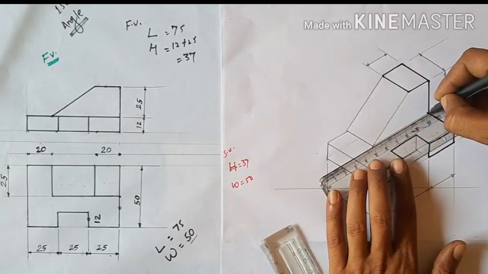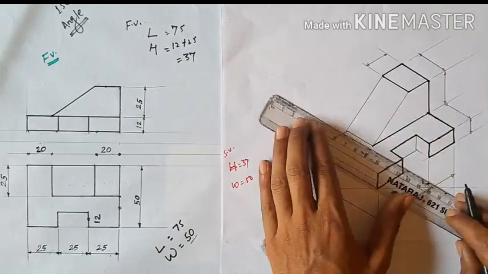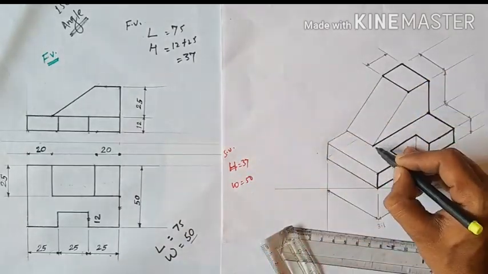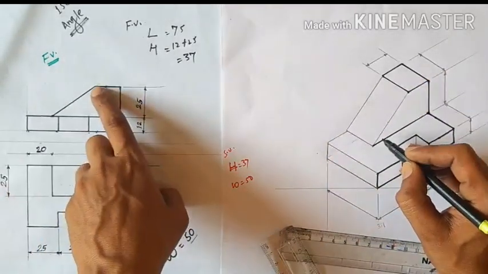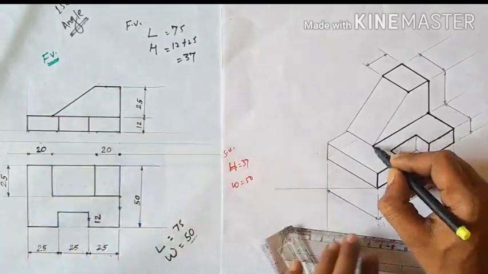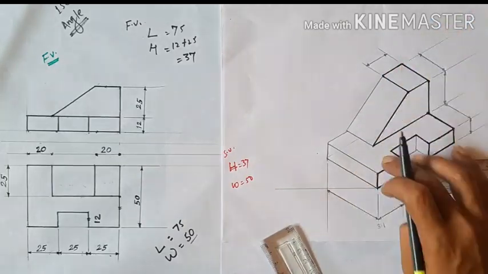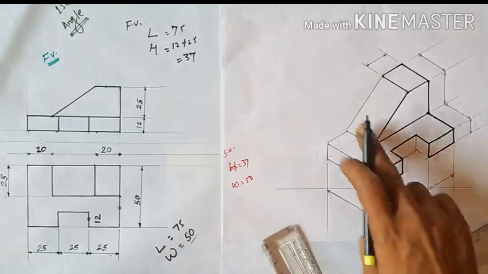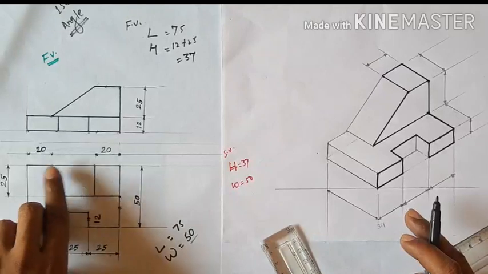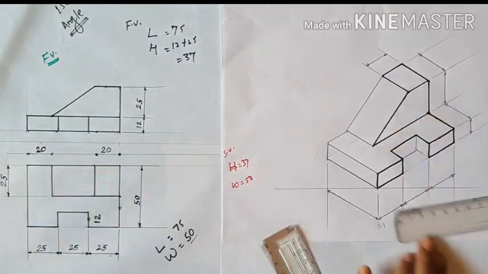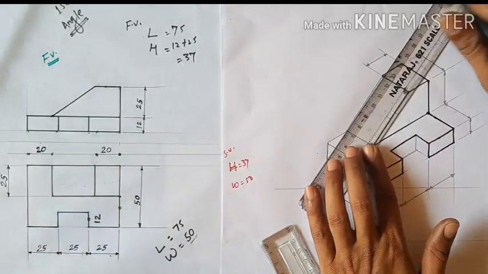You can see from the screen like this. Okay. Now from here the line joins to this end, and this is 20 mm line joining to this, and this is clear from the front view. But from the top view we have a diagram like this, so we need to draw again like this.